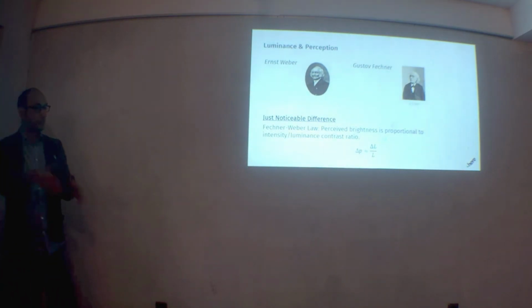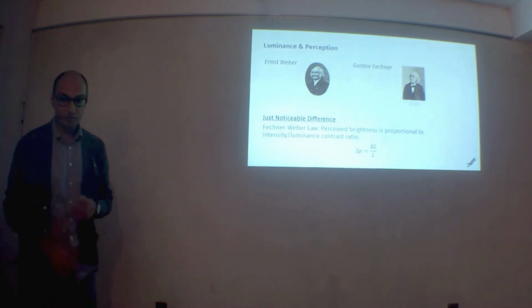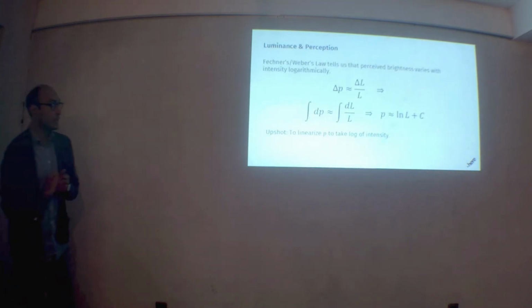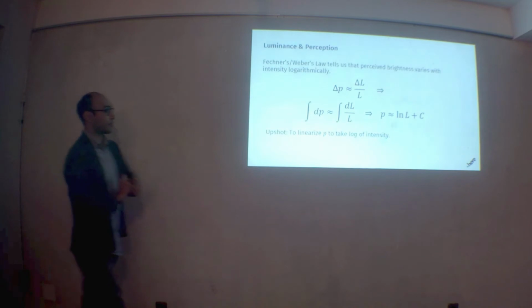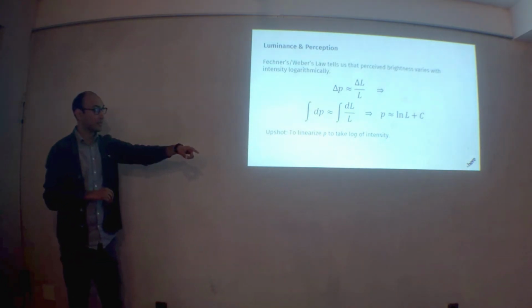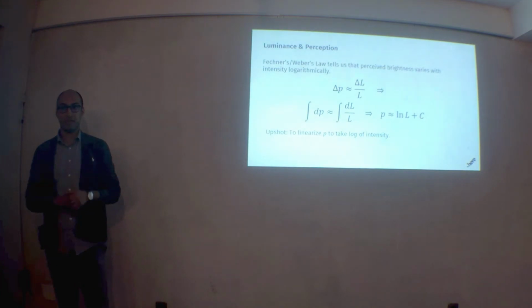The difference in perception is related to the ratio of the change in luminance over the luminance level, the absolute level. So you can do a little bit of math, take these differences and make them infinitesimal, and then integrate, and then you get a log.